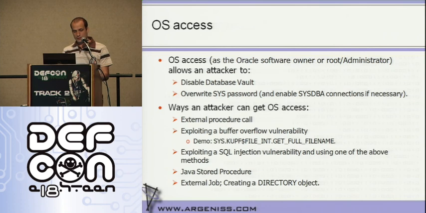Well, let's see some ways to get operating system access through the database. This operating system access as the Oracle software owner, or as root or administrator user in Windows, allows an attacker to disable Database Vault and additionally to overwrite the sys password and enable the remote connections if they are disabled.